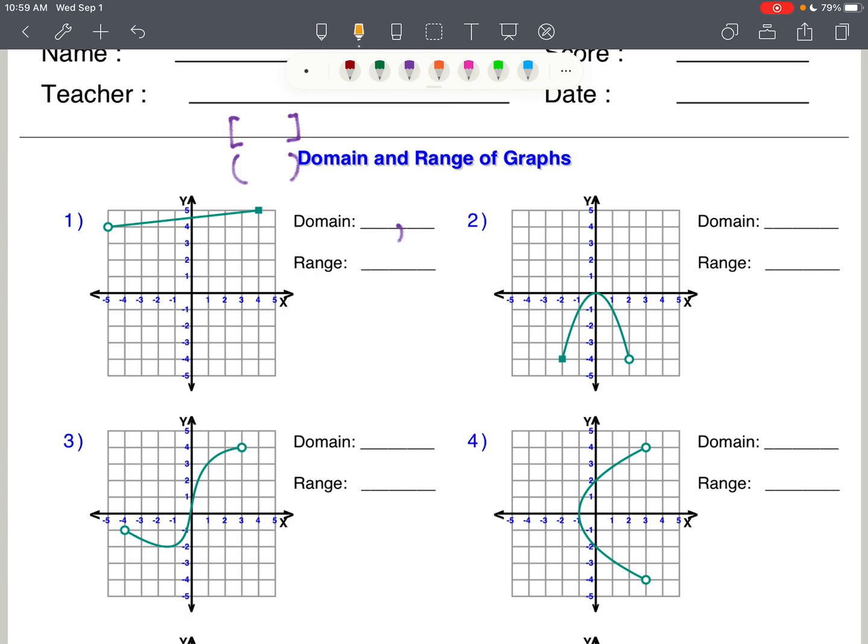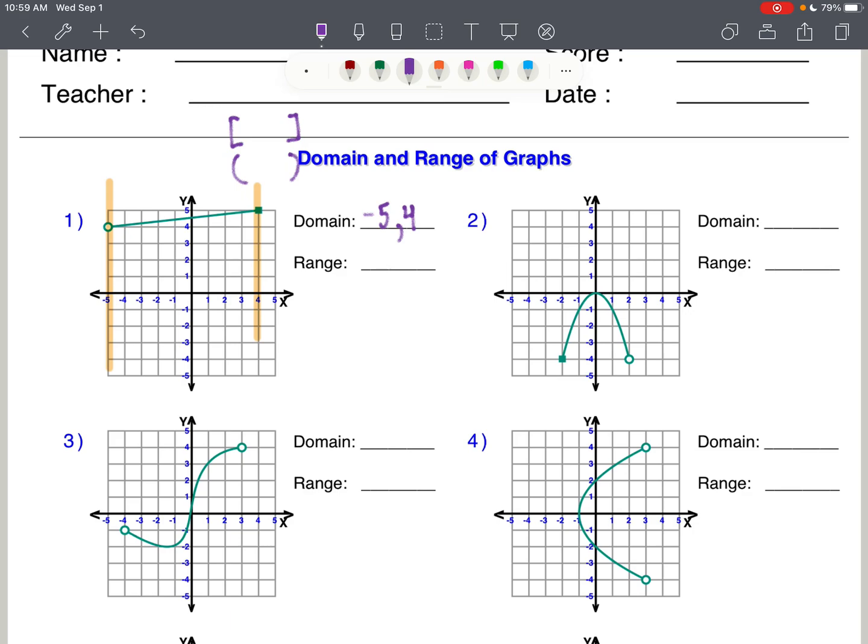So my domain from left to right: the left end is at -5 and the right end is at +4.